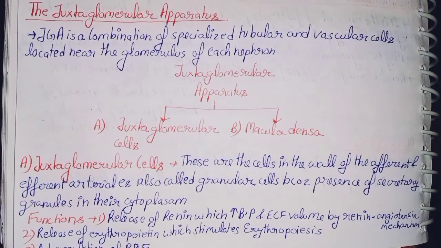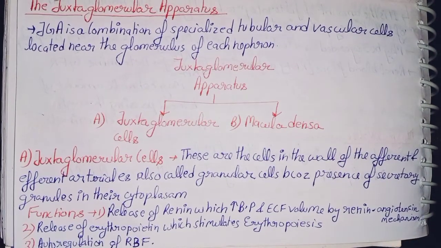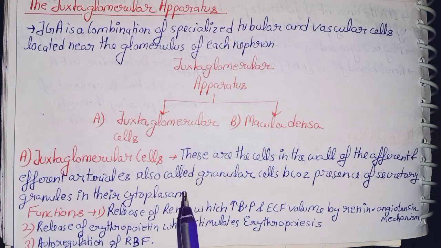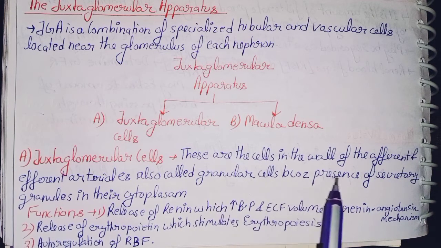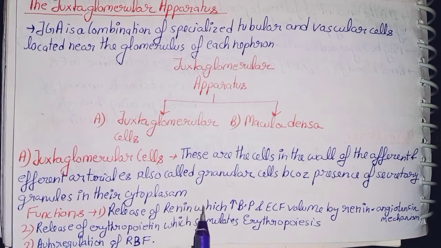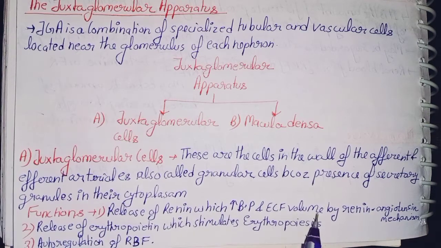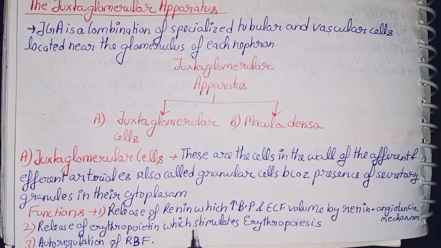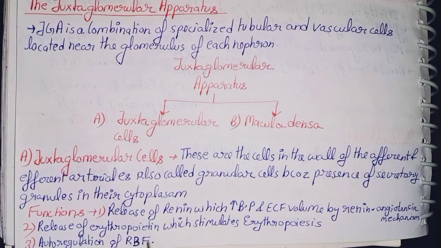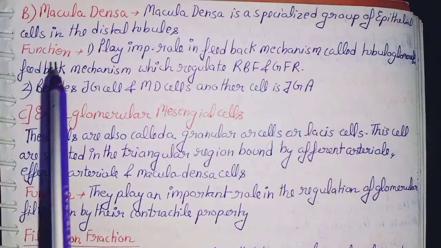Juxtaglomerular cells are the cells in the wall of the afferent and efferent arteriole, also called granular cells because of the presence of secretory granules in the cytoplasm. Their functions are release of renin, which will increase the blood pressure and ECF volume by the renin-angiotensin mechanism, release of erythropoietin, which will stimulate erythropoiesis, and autoregulation of renal blood flow.